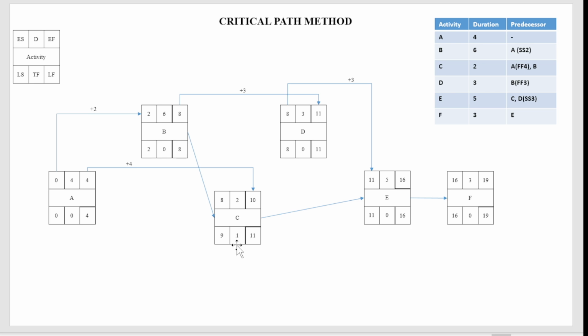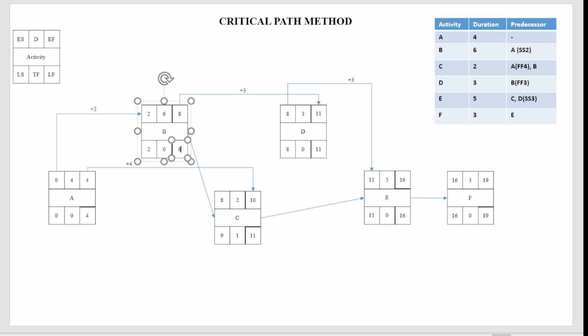Okay, so let's go further, back propagation. The relationship in this one can be taken from either C or D, but we need to take the least among them. Since the relationship here was finish to finish with 3 days lag, the relationship will be this to this, not from this to this.